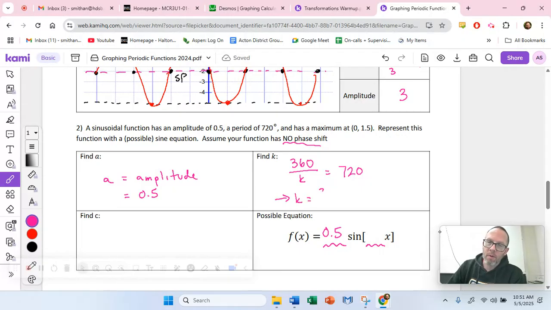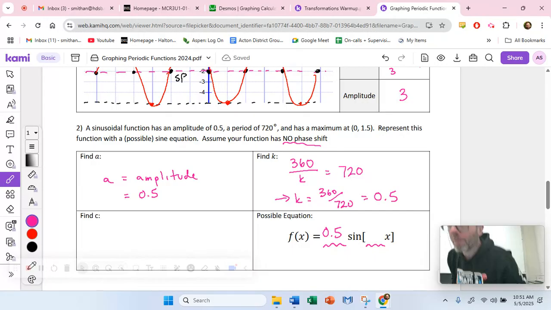You can get k by doing 360 divided by 720. You can do those with mental math or just with the division. But yes, k is 0.5. You also might have just looked back in the lesson and saw that 0.5 gave us the period of 720. That's the second blank.